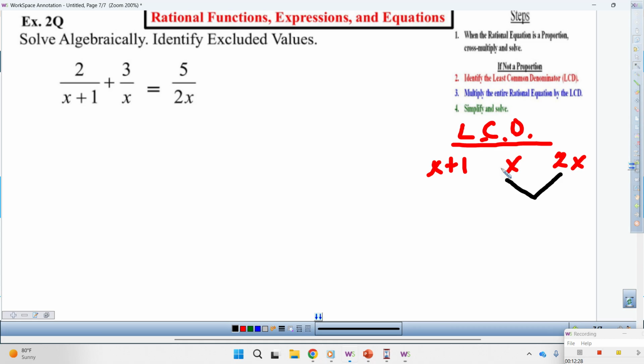What does this one need that the other one has? The 2. So my common denominator for these two is 2x. So now all we have left is the binomial in that one. And what did I say yesterday? Once you're left with a binomial and a small one, you just write it out as a multiplication. And this is my L.C.D.